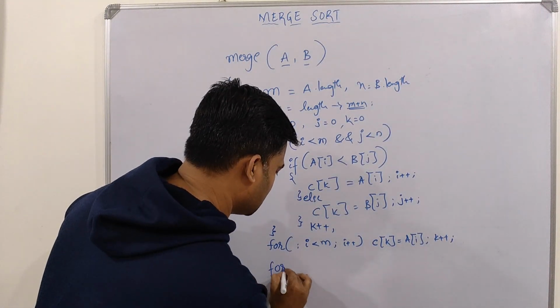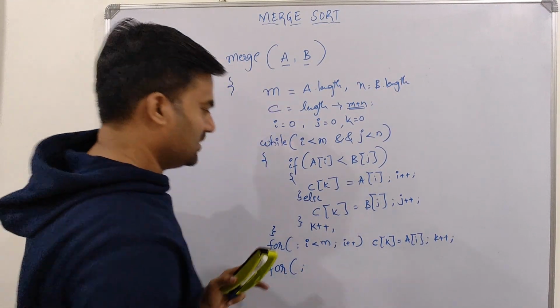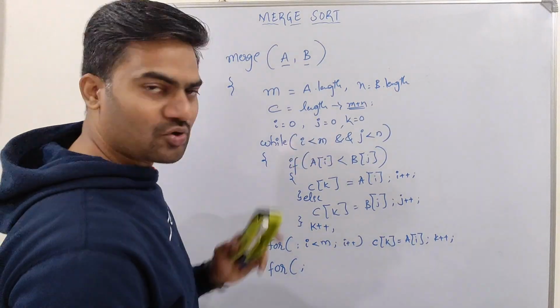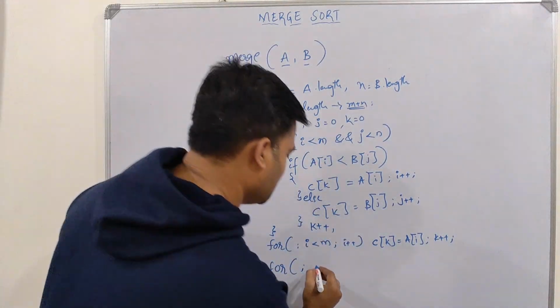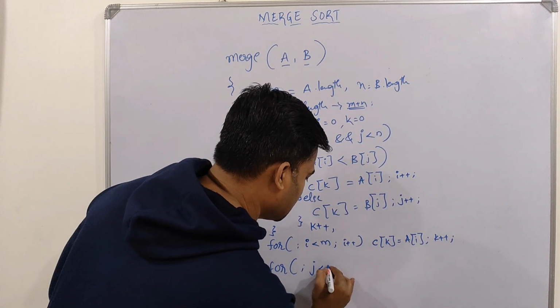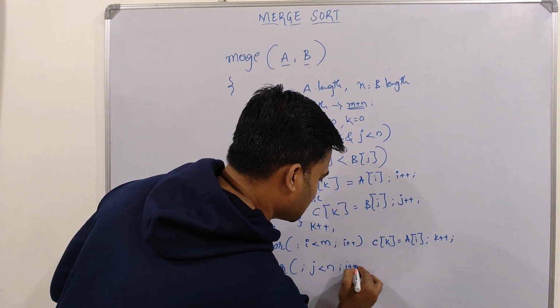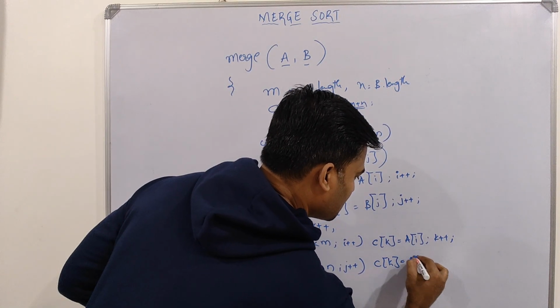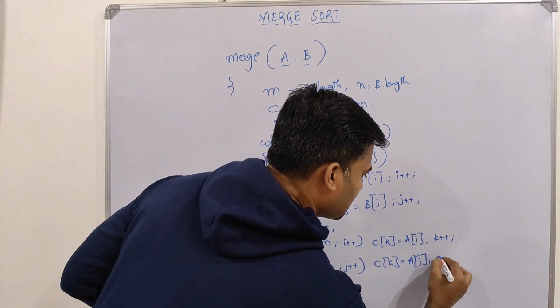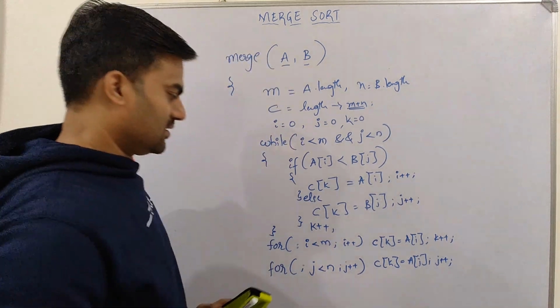Then use another loop, and that is basically our j pointer. It has stopped somewhere, we need to continue till the end. So from there, j less than n, j plus plus, we will do c of k equal to b of j and increment our j pointer.